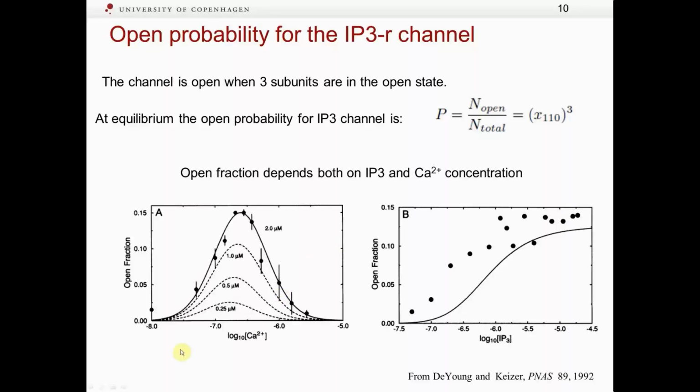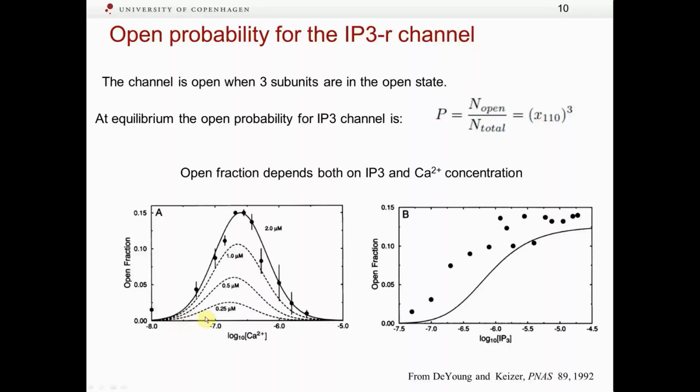Down here are some curves showing the overall picture. Calcium in the cytoplasm is here on the x-axis, the open fraction is on the y-axis, and as you can see, this is for different levels of IP3, 2 micromolar, 1.5 and 0.25. These data points here are experimental data points, whereas these curves here are curves reproduced from the model.